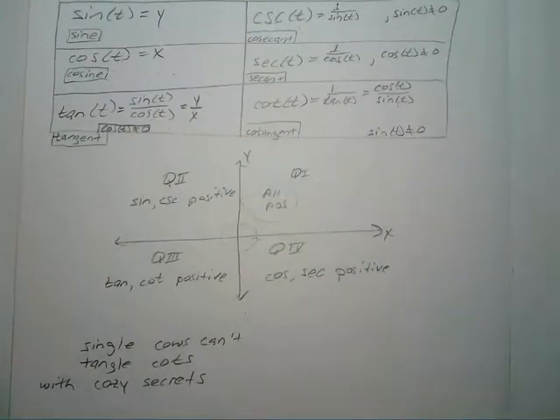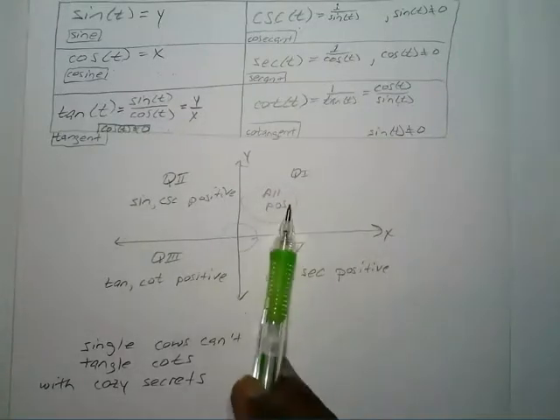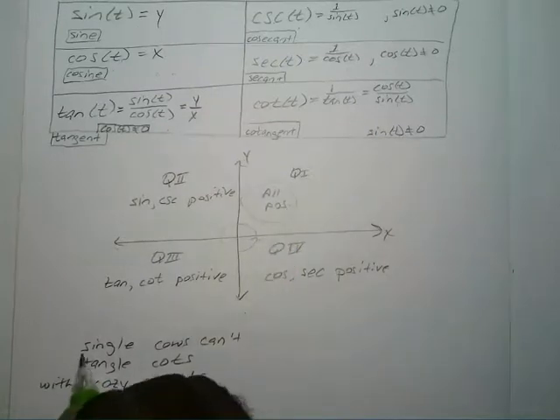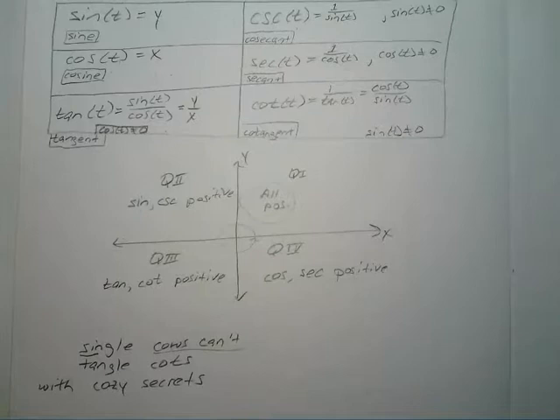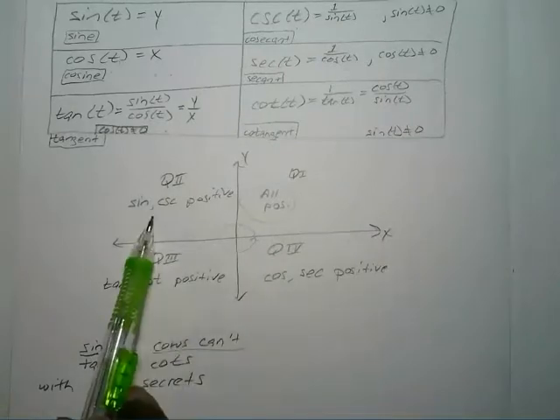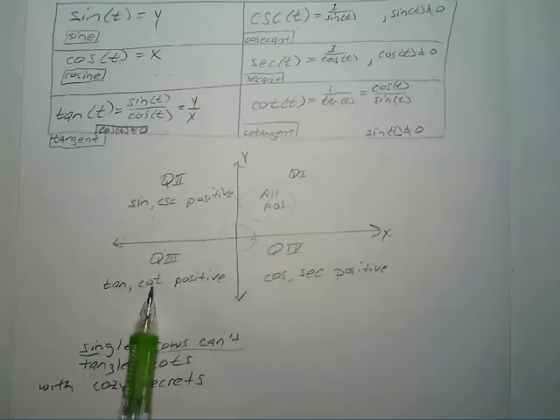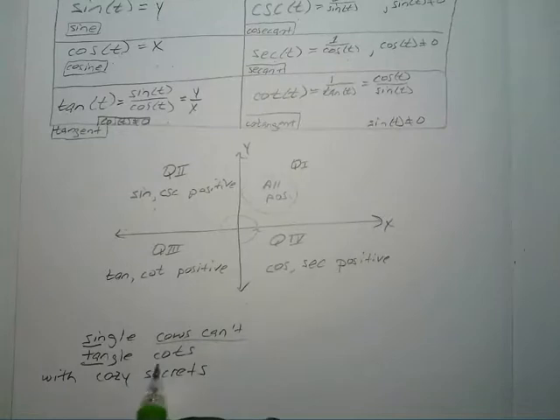Now does this make sense? Absolutely not. But it can be helpful to make up something like this. Because they're all positive here. You have sine, cosecant, that's my little trick there. Sine, cosecant, positive here. Tangent, cotangent, it's positive here.